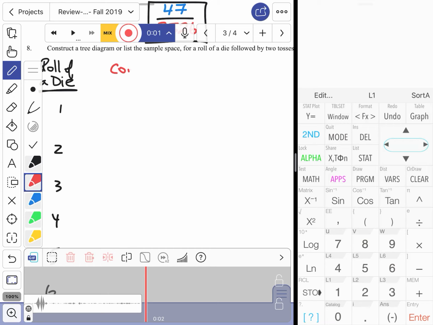Coin, toss, number 1. All right, so for each outcome in the first trial, I would have 2 outcomes in the second trial, heads, tails.